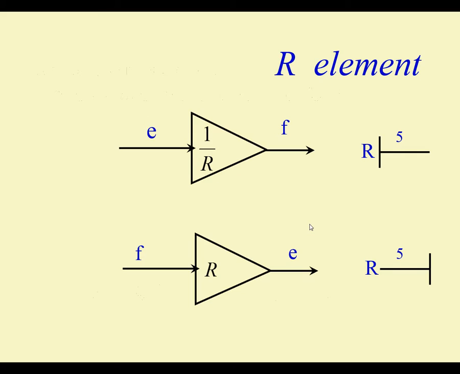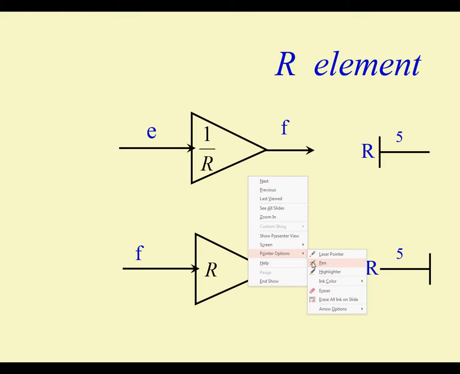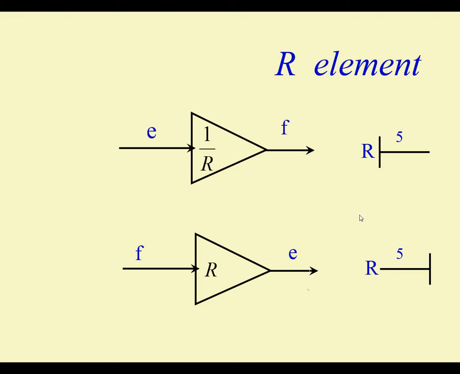So those are the two forms that we have in writing the constitutive equations for the element. So in here, you see, if the effort is in times 1 over R, you have the flow. That's what this is. In here you have this, but let's see if we could change the pen color. Let's try this to see if this could be easier to write.